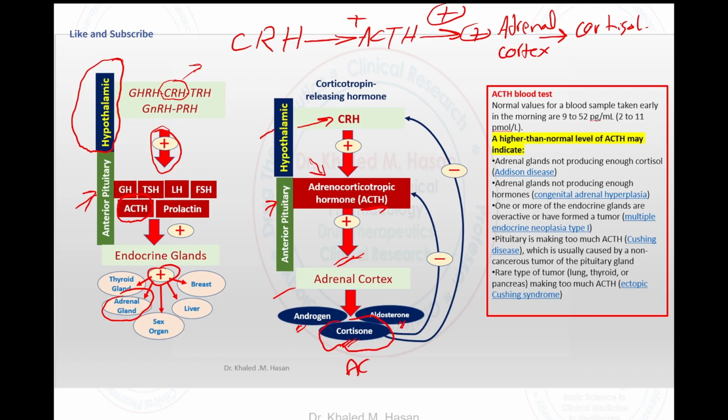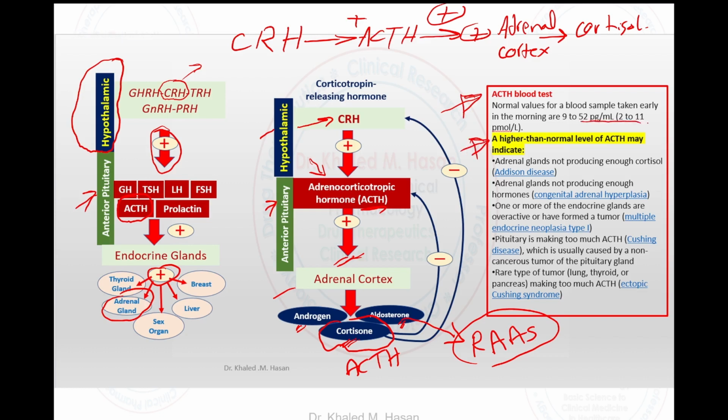Speaking about aldosterone, we have another pathway mainly responsible for aldosterone, called the renin-angiotensin-aldosterone system. It's not our topic for today. To diagnose a patient who suffers from abnormalities or dysfunction of the adrenal cortex, we go with the ACTH blood test.